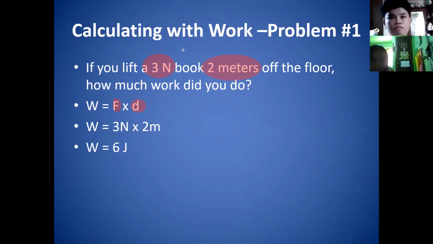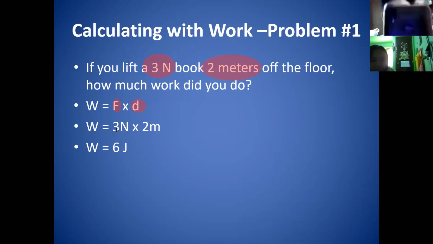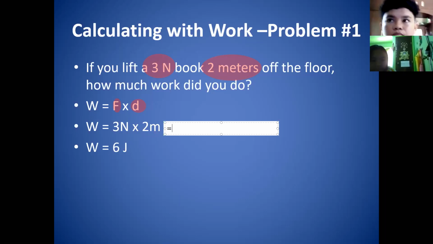From the formula, work is equal to force times displacement. You just have to substitute the values of your force, which is 3 Newtons, and distance, which is 2 meters. So the answer there would be 6 Newton meter.